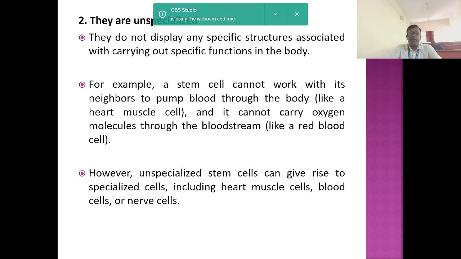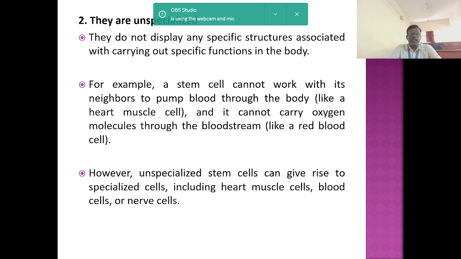Red blood cells have a specific function: they carry oxygen through the bloodstream. Heart muscle cells pump the blood. These are examples of specialized cells.